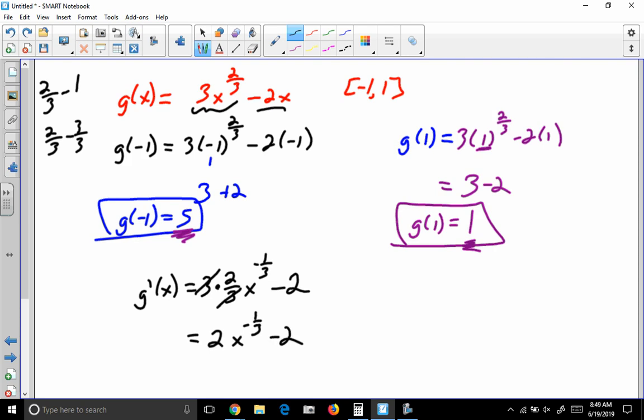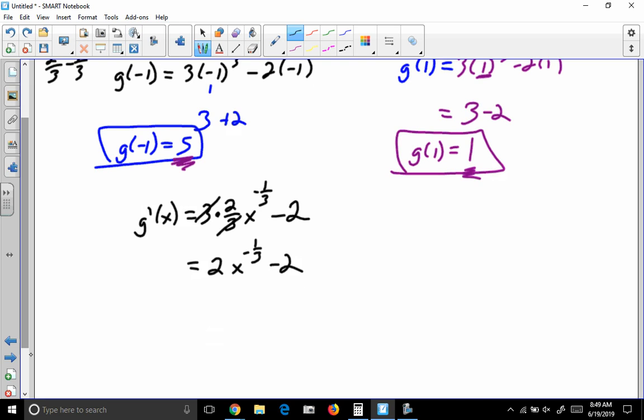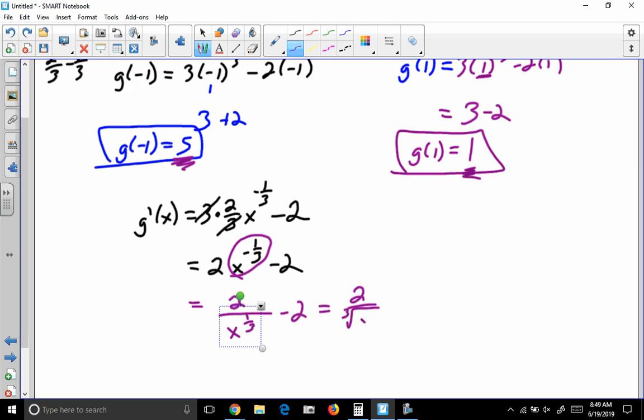So notice this 3 and this 3 cancel, so we have 2x to the negative 1/3 minus 2. But let's simplify that a little bit. That might make finding our critical value a little bit easier. So we have a negative exponent, so let's take it to the denominator. That'll be x to the positive 1/3 on bottom. So let's call that the cube root of x down there. It would be best if we had a common denominator here.